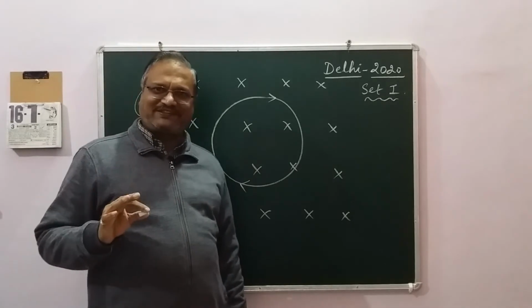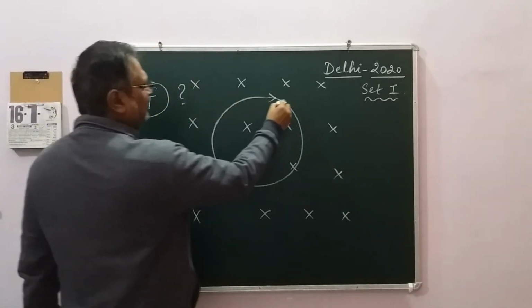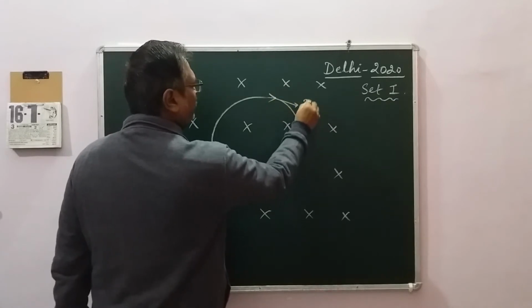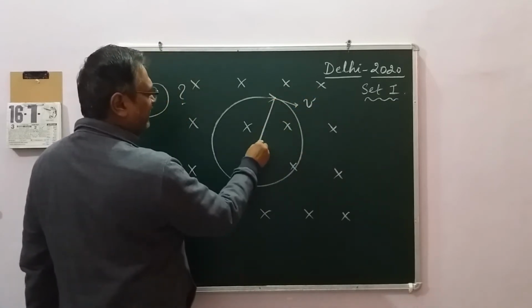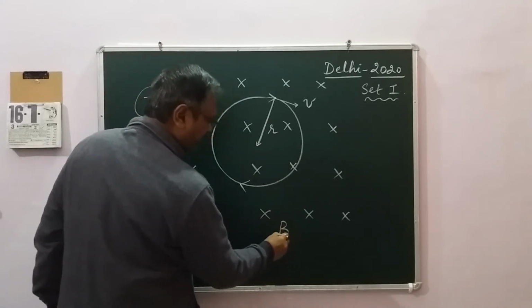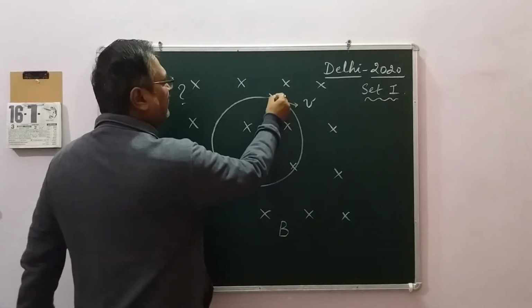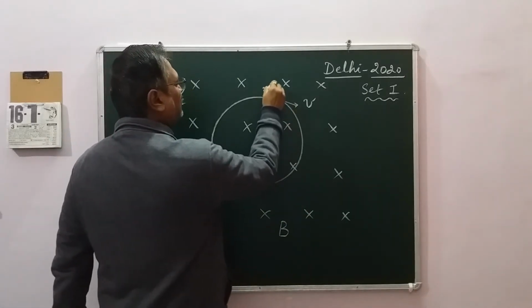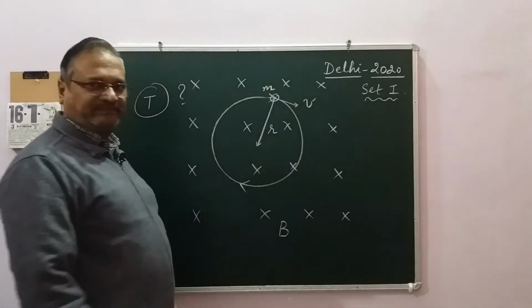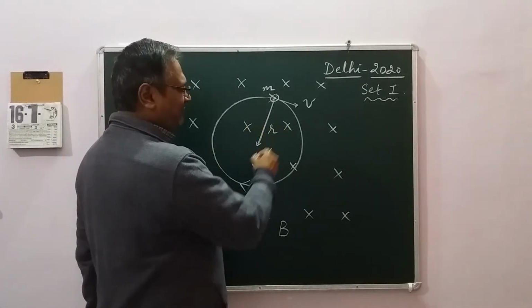Four options are given. First of all, we will see the velocity is v, the radius is r, the magnetic field is B. These are the factors we have got, and let us take an electron or a charge of the particle, mass is m.